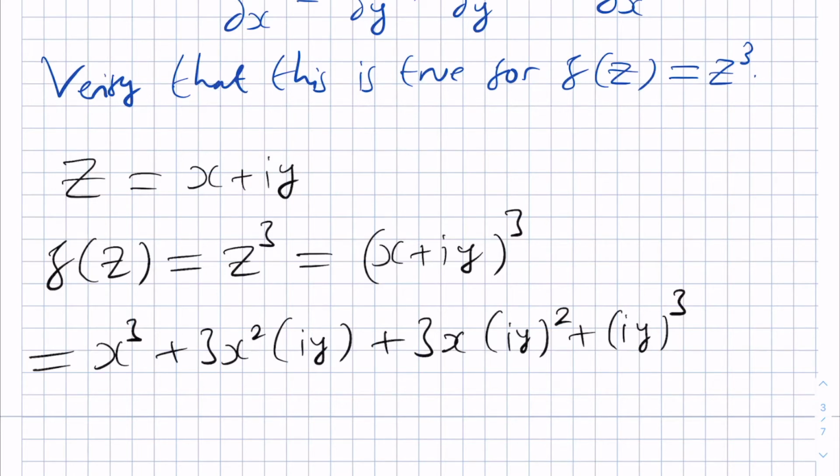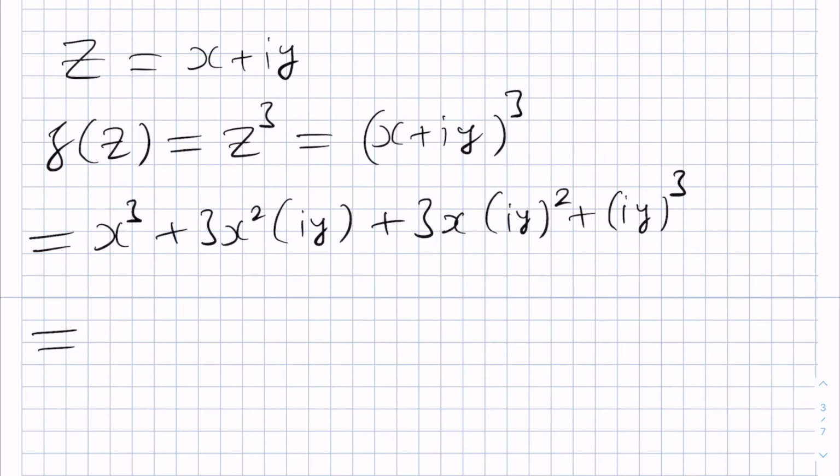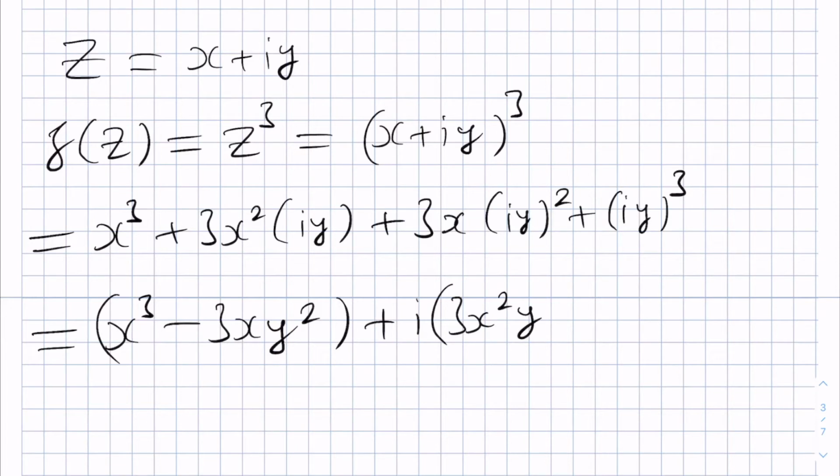Then, separating the real and imaginary parts, we will have x cubed, and then a minus 3xy squared from this term, and the other terms will have a factor of i in them. We have a 3x squared y with the i in that one, and then a minus iy cubed, because i squared is minus 1.